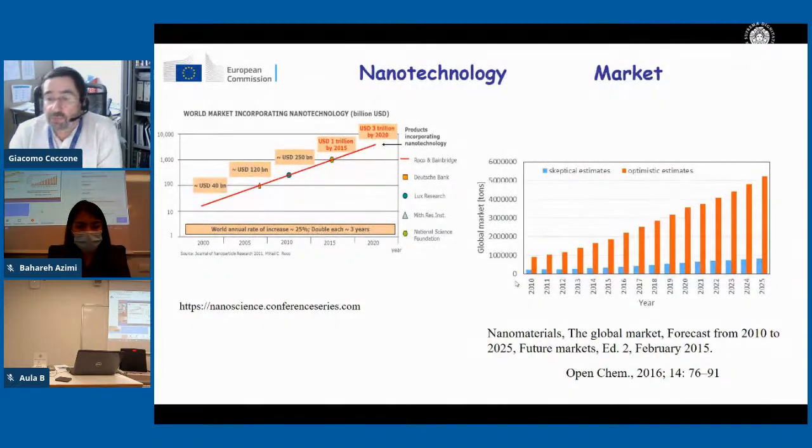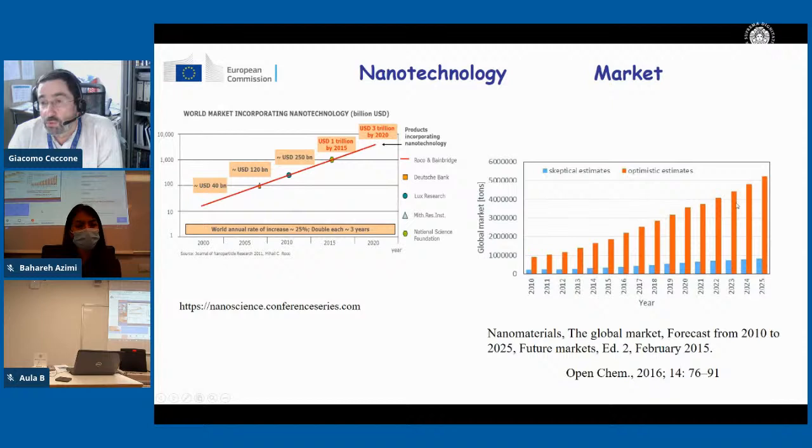But after some time, they realized that applying nanotechnology to some fields, and in particular medicine, is not as straightforward as it could seem from the first studies. And so there are now 2 scenarios in terms of market.